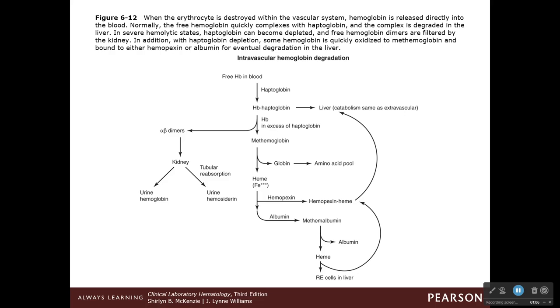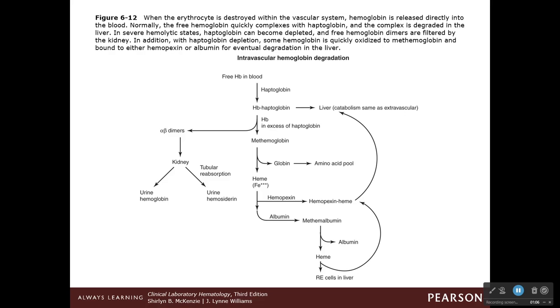So you run out or deplete your haptoglobin level. Now you've got a bunch of free hemoglobin hanging out. So this is what gets weird. It can do one of two things. It can just break down into the dimers, so an alpha and a beta together, or it can form methemoglobin.